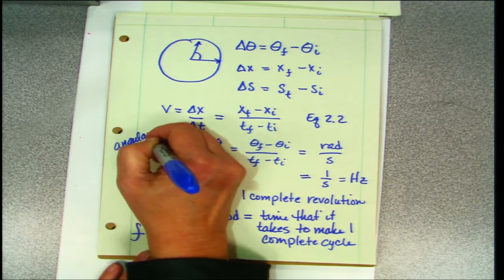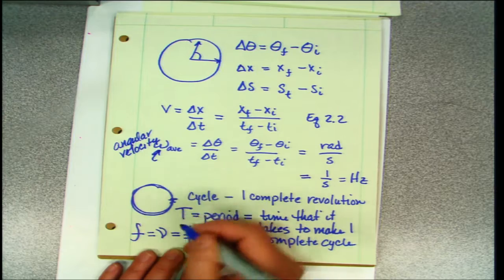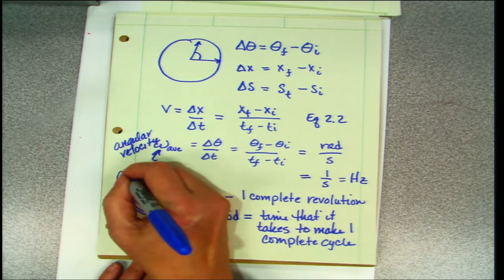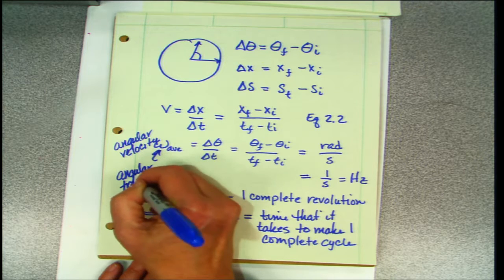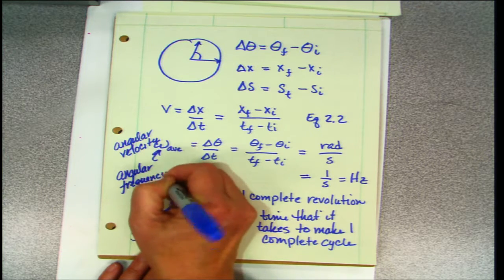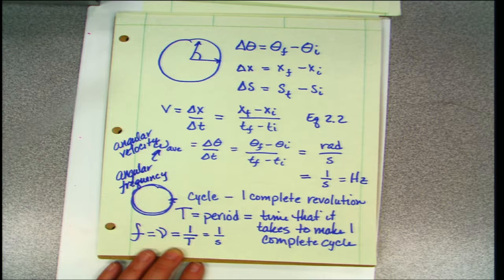So I can give you the angular velocity of a bicycle wheel by telling you the number of cycles per second. Or I can give you the number of revolutions per second.